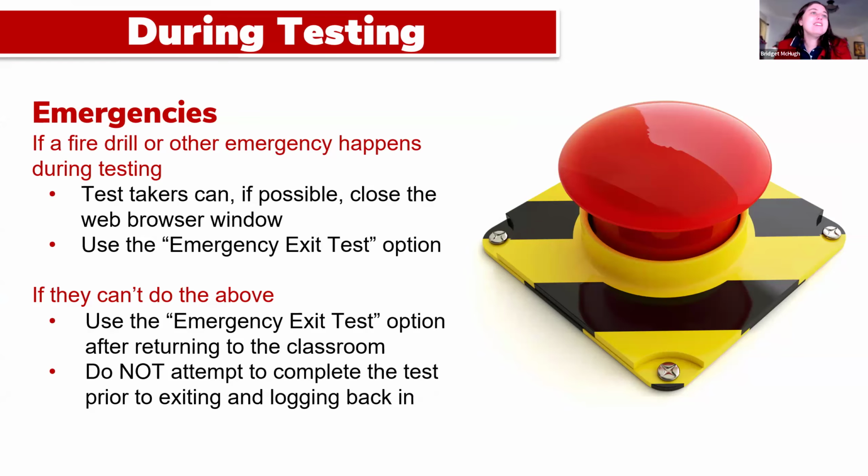Ideally, if a fire drill or other emergency happens during testing, we are going to ask you, if possible, to close the web browser window and then use the emergency exit test option. If that's not possible, use that option after returning to the classroom. Please do not attempt to complete the test prior to exiting and logging back in. That is going to cause some problems.